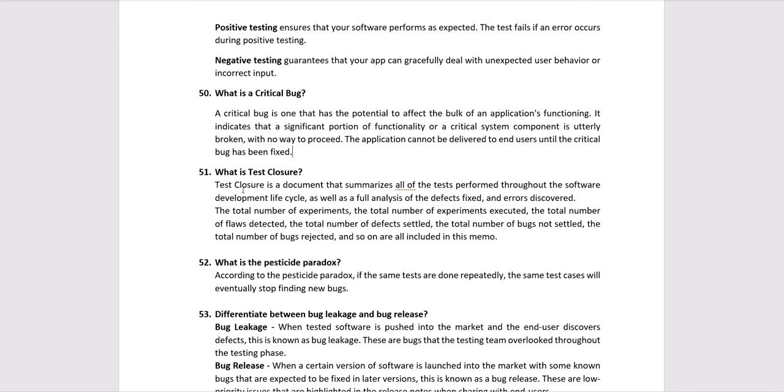So next is what is test closure. Test closure is a document that summarizes all of the tests performed throughout the software development lifecycle, as well as full analysis of the defects fixed and errors discovered.